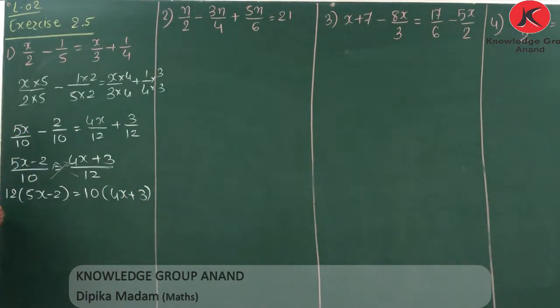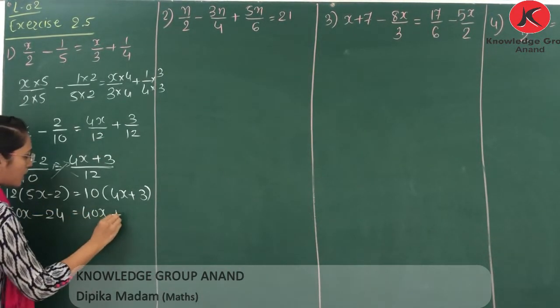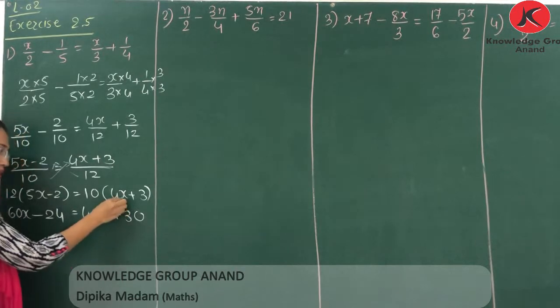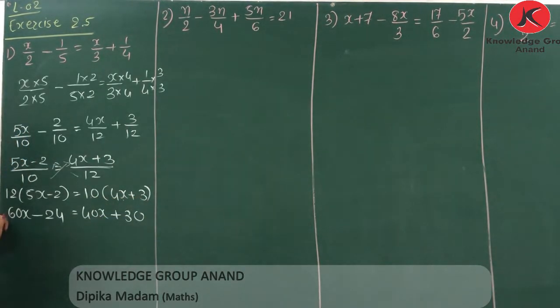Okay. Now open the bracket. It is 60x minus 24 is equal to 40x plus 30. 10 is multiplied with 4x, that is 40x, and 10 is multiplied with 3, that is 30. Now variable on one side, plus 40x become minus 40x and 24 become plus 24.